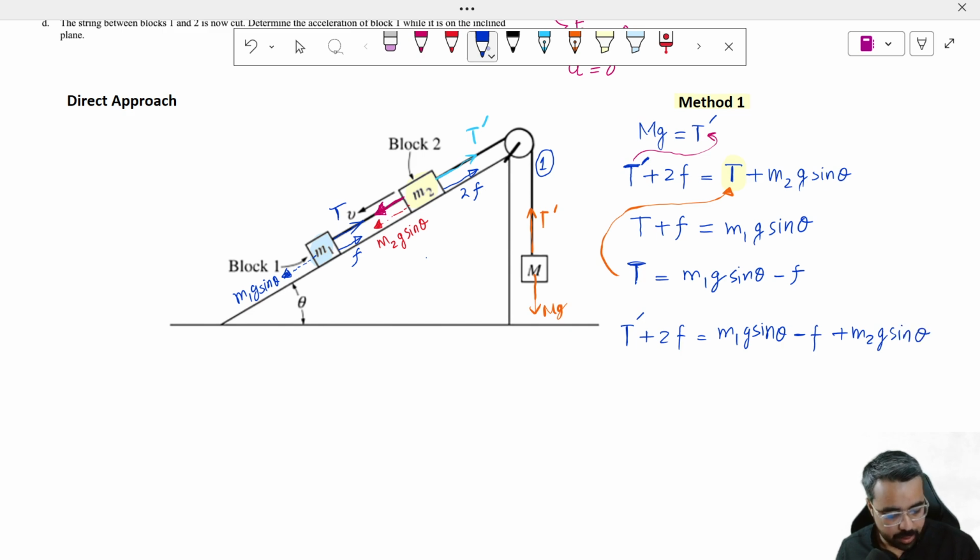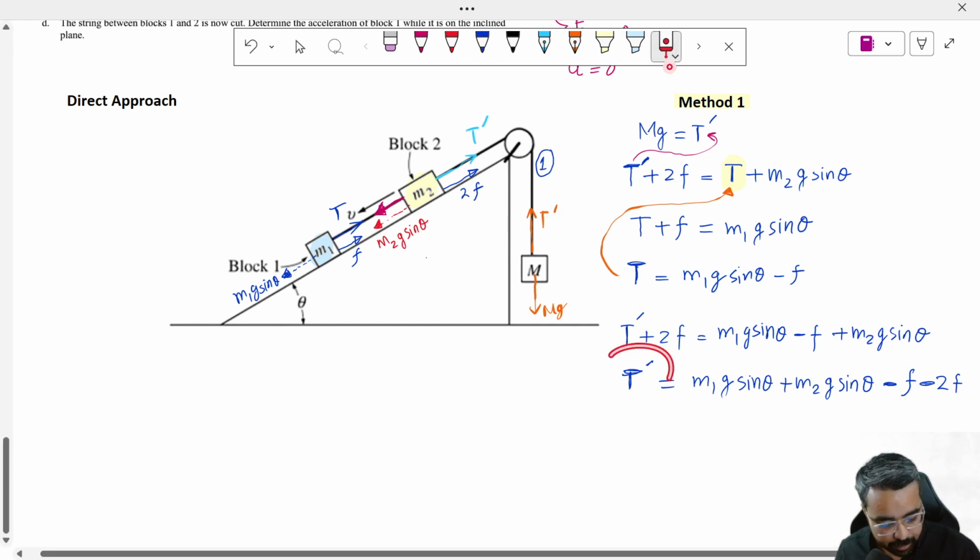Okay, now from here we can find the value of T prime. You can gather m1g sine theta plus m2g sine theta, whereas for negative F, you can take the 2F to the other side, so it becomes negative 2F, so that will become negative 3F. Now can we plug the value of T prime into this equation to find the larger mass?